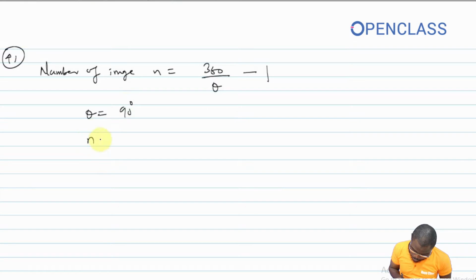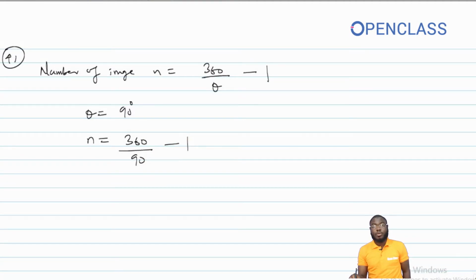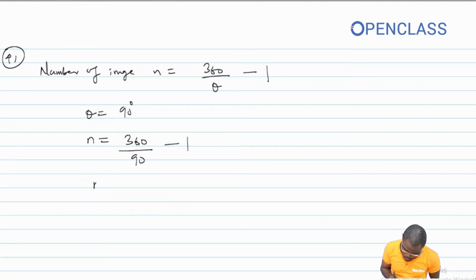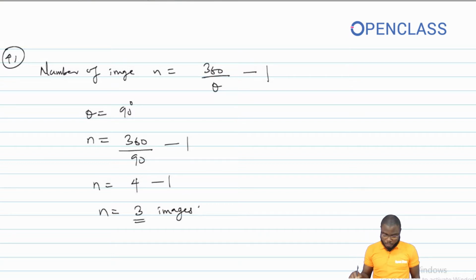So n is equal to 360 divided by 90, minus 1. 360 divided by 90 is 4. So n is equal to 4 minus 1. So the number of images formed will be 3 images. That's number 41.